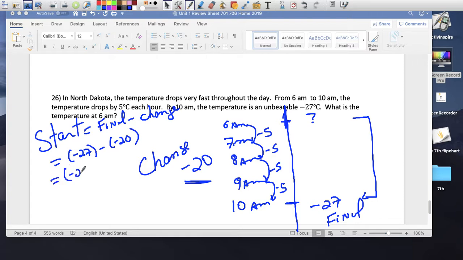And you go -27, change that to an addition, plus 20. Which means, well, there are more negatives, not too many more, but there are more negatives. And that gives you -7. So that means at 6 a.m., the starting temperature was -7. Already super cold. And it dropped 20, right? Went down by 20, and you ended up at -27 at 10 a.m. Okay?